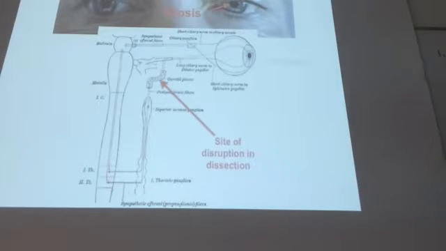Okay? Is there any issue as far as accommodation of the lens? The what? Accommodation of the lens? Will you have a problem with accommodation? It's a ciliary muscle. Wait, what was your question one more time? Is accommodation altered in this case?